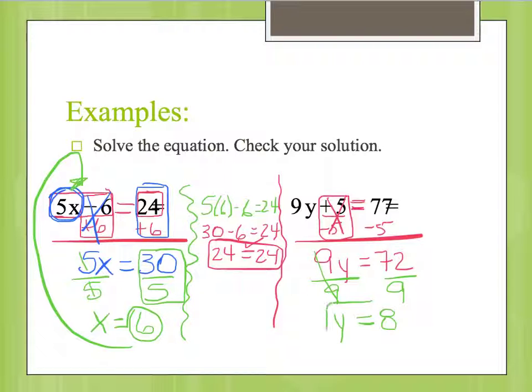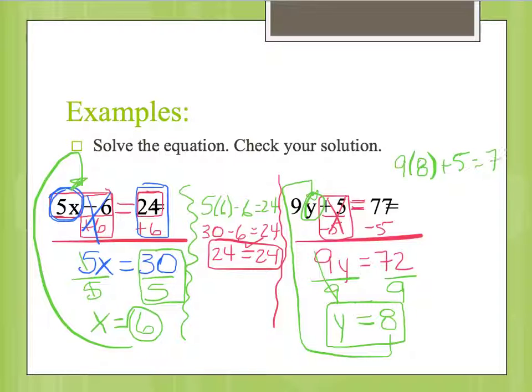So I have solved y to be equal to 8. To check my answer to see if the solution works, I plug back in 8 for y: 9 times 8 plus 5, the same as 77. 9 times 8 is 72, and 72 plus 5 is 77. So my solution checks out.